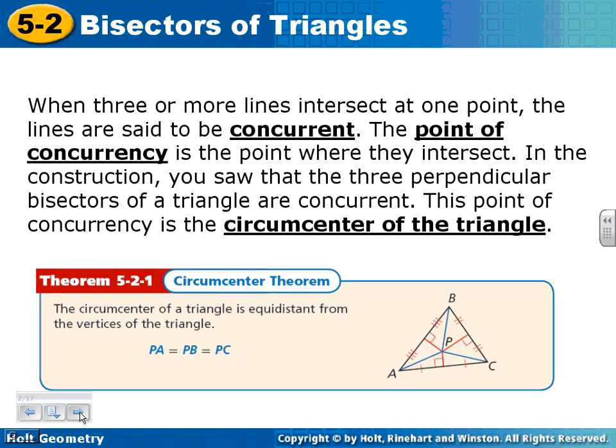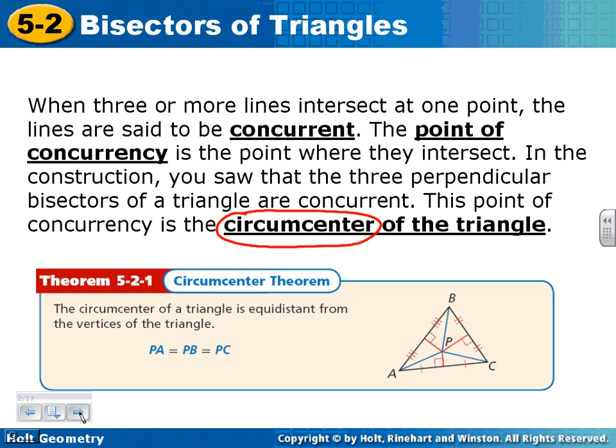Don't confuse that with the word congruent. This point of concurrency is called the circumcenter of the triangle. So, a triangle has three perpendicular bisectors.